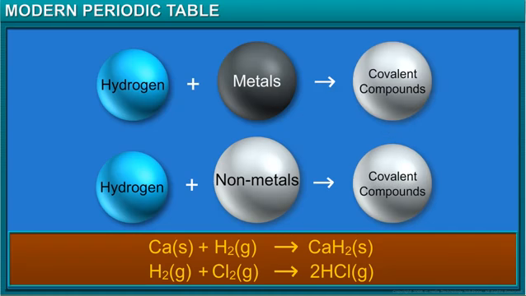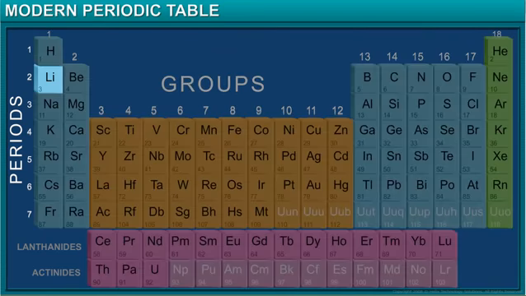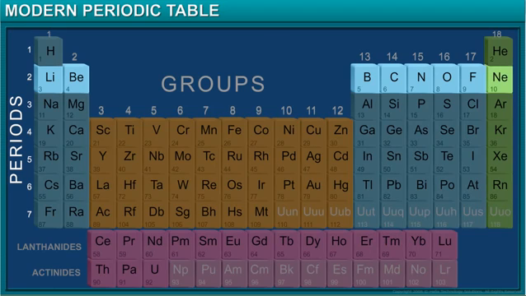When we look at the long form of the periodic table, we find that the elements lithium, beryllium, boron, carbon, nitrogen, oxygen, fluorine and neon are present in the second period.